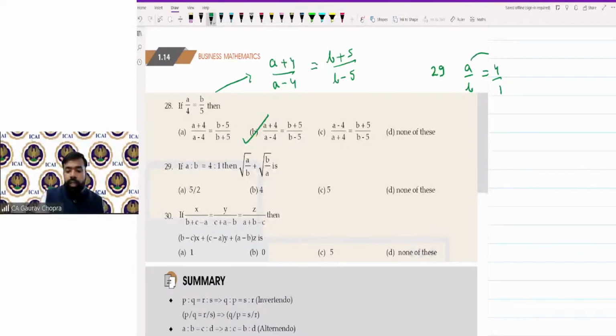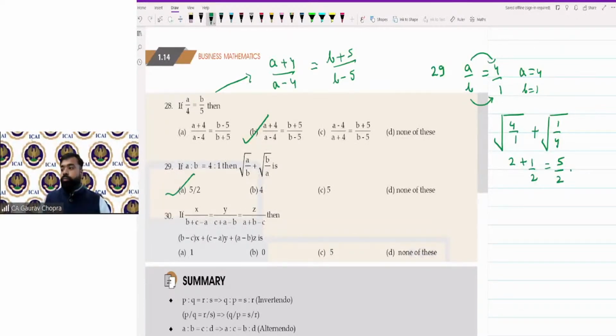The value of a is 4 and the value of b is 1. Now substitute the values: root 4 upon 1 plus root 1 upon 4. It will give 2 plus half, that is 5/2. Option number A is correct.